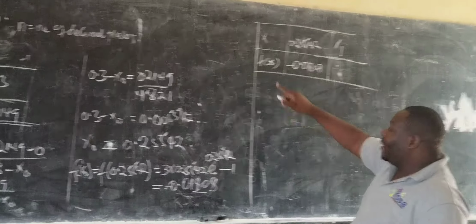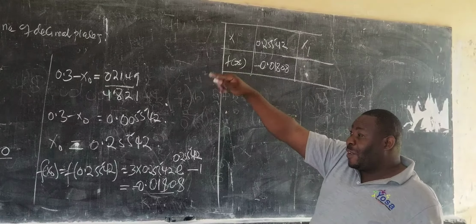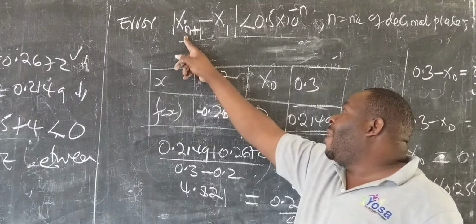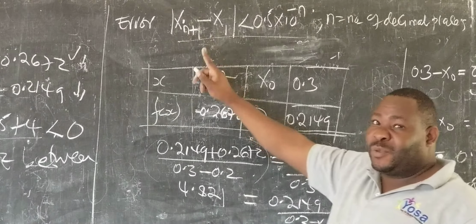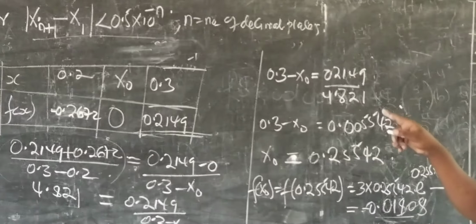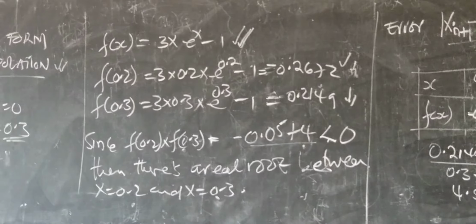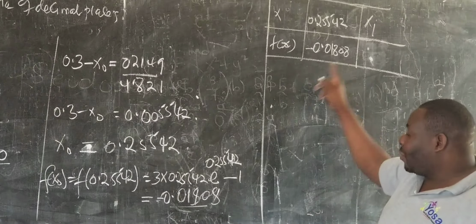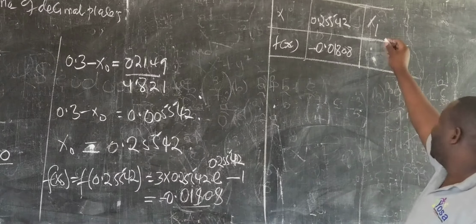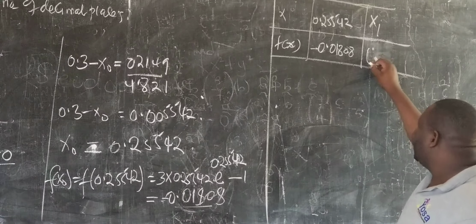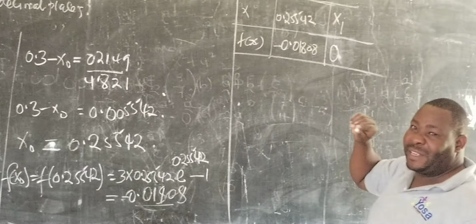Then we get x1, because we need to check this condition: the next value minus the previous value. When you substitute those two values, do you satisfy the condition on the number of decimal places? So we have x naught and its corresponding value f of x, then we get x1. And if x1 is the root of the equation, then when you substitute it in the equation, you must get 0.